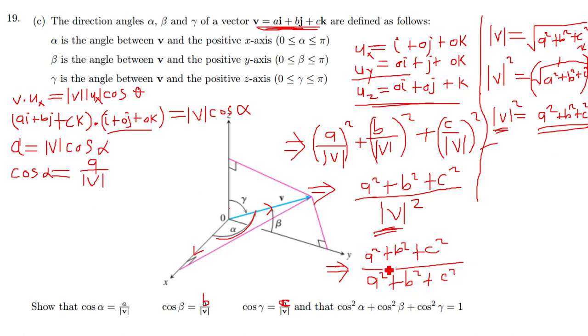When you divide this by that, you simply get 1. So we have shown.